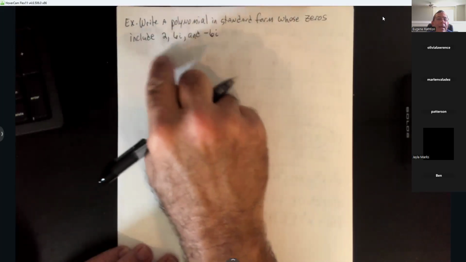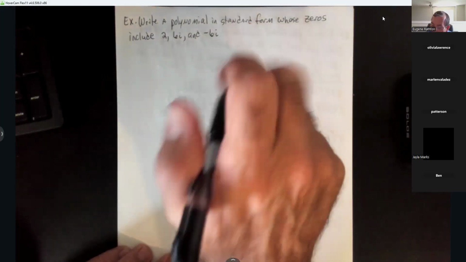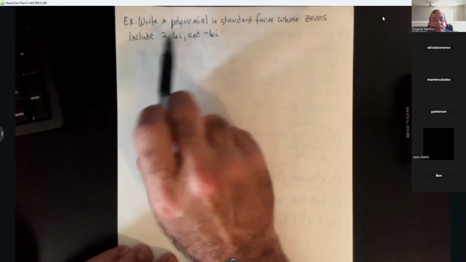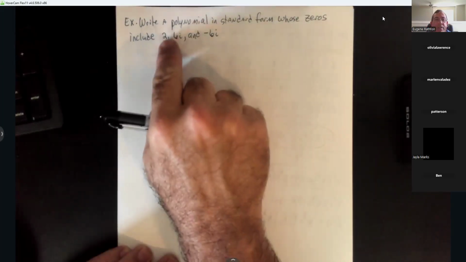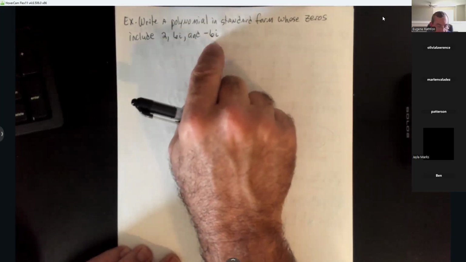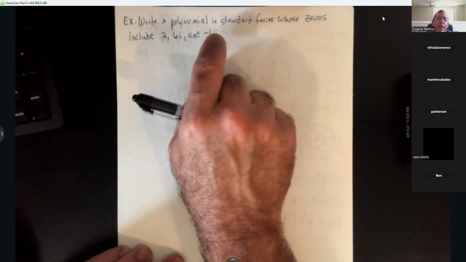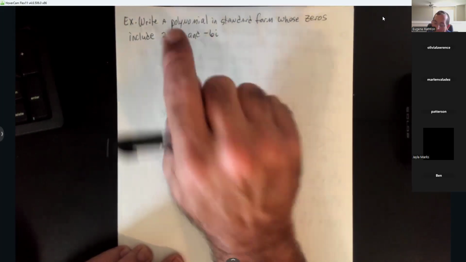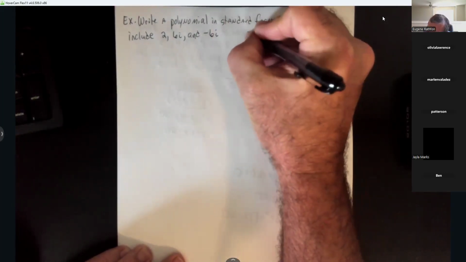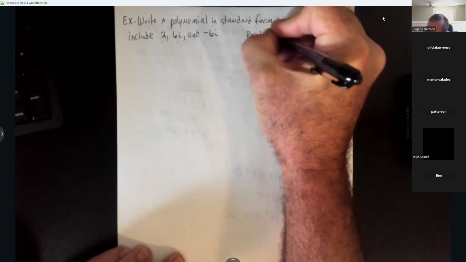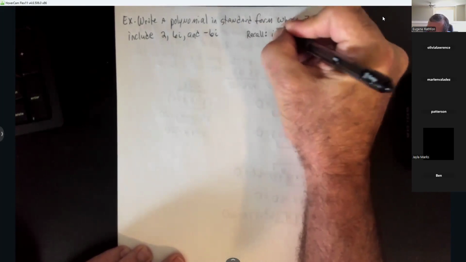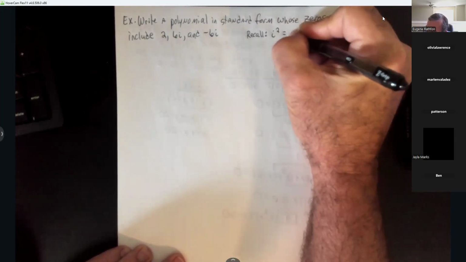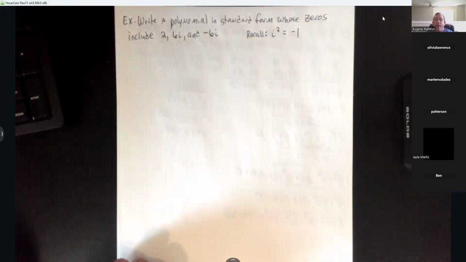So y'all, on this one, they didn't tell me what degree I'll end up with, but I got 3 zeros here. So that means we will end up with an x to the third as the largest exponent, okay? So the largest exponent equals how many zeros you got? Now, in this section, we got to recall i squared equals -1.